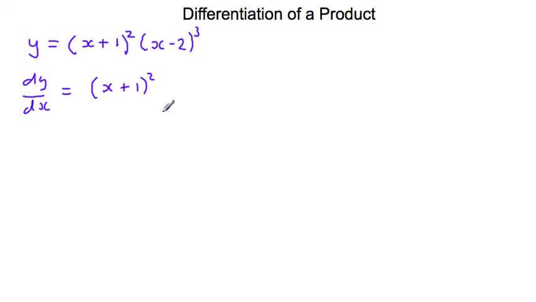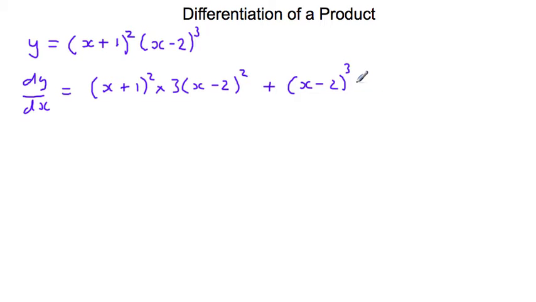Now the differential of a bracket cubed is 3 times that bracket squared multiplied by the differential of the bracket. But because x minus 2, the differential is 1, there's nothing else to add. Plus the second one, x minus 2 cubed, multiplied by the differential of the first one.